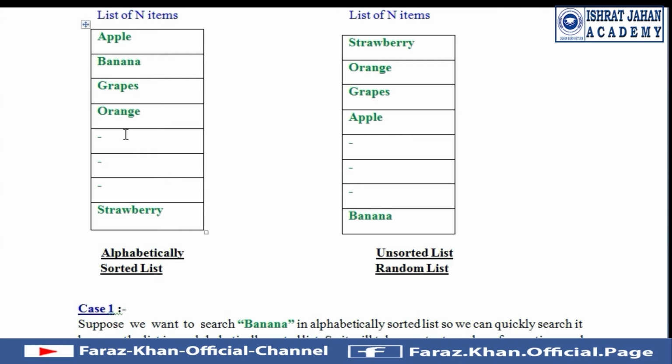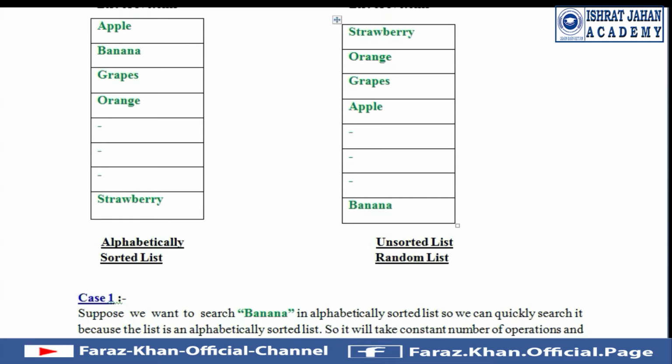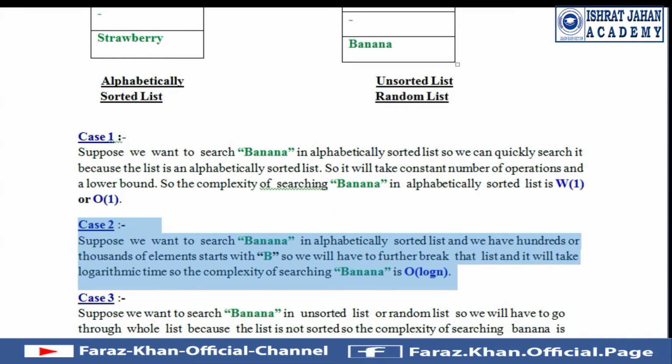Whenever the list is breakable, whenever we have subtypes, whenever we have subcategories, whenever we have a list in the form of a tree, we will call it logarithmic time. So the complexity of finding banana in a list would be O(log n).